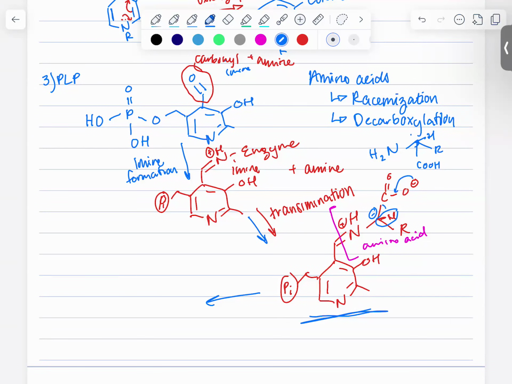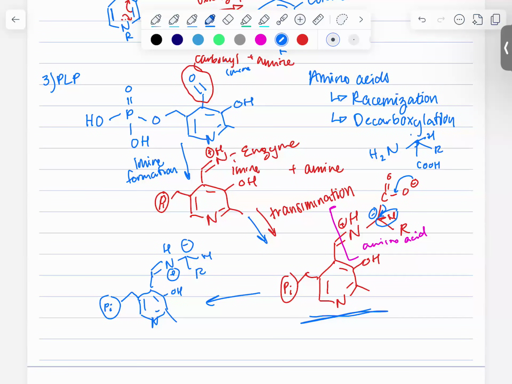So we can do the decarboxylation that gets us to an anion, and that anion is being stabilized by PLP.